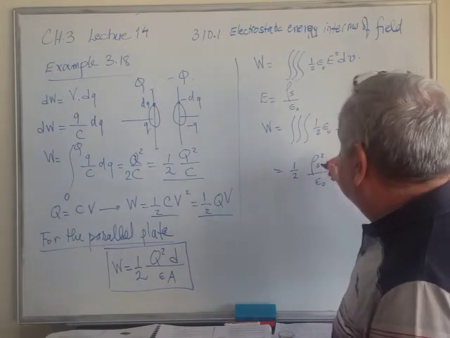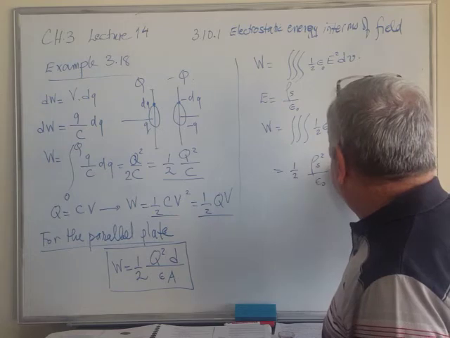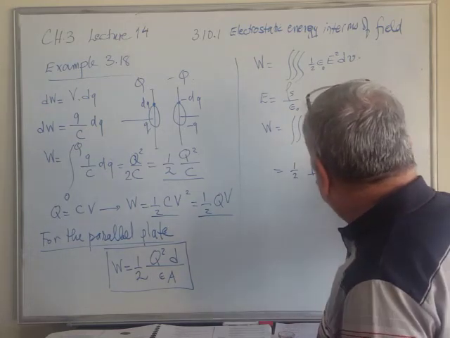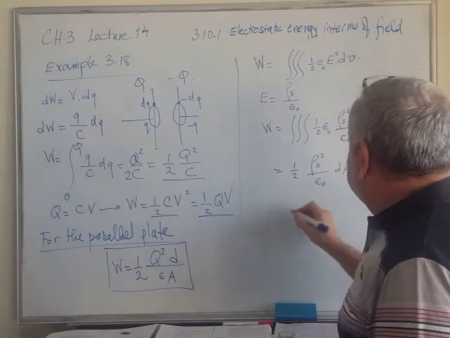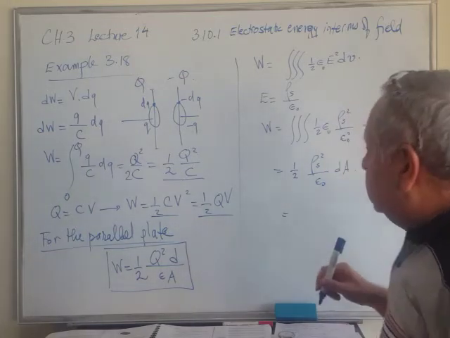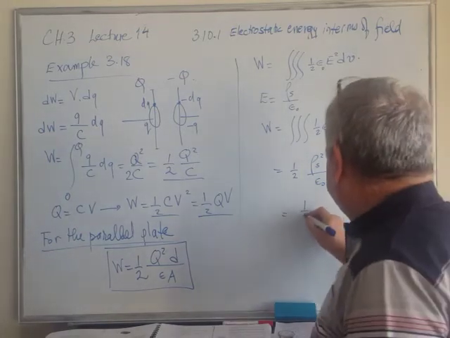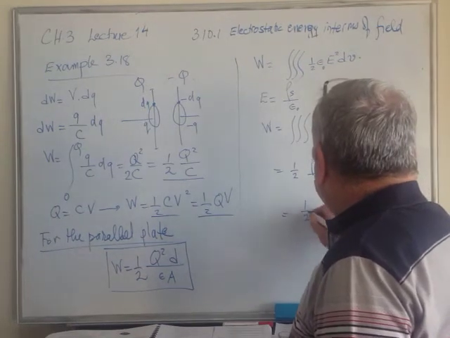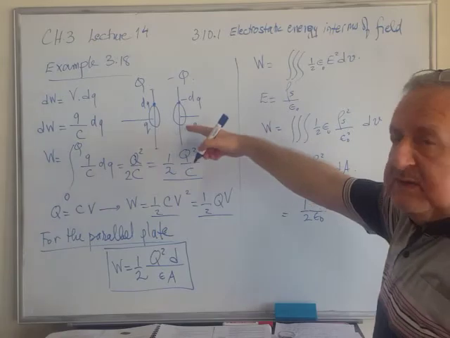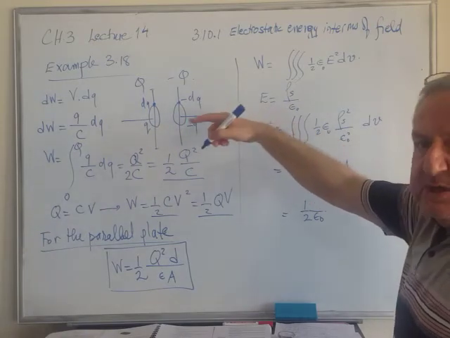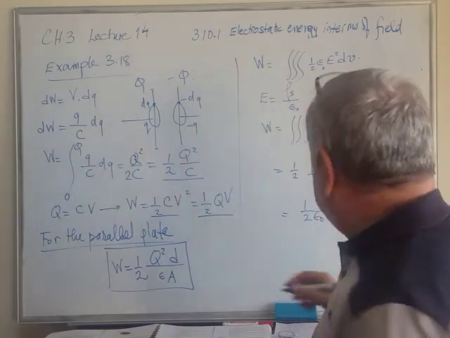So that is the total volume, which is the separation d times the common area A. But we know that rho s is what? Each rho s is Q over A, because we assume that the total charge is uniformly distributed over the area.